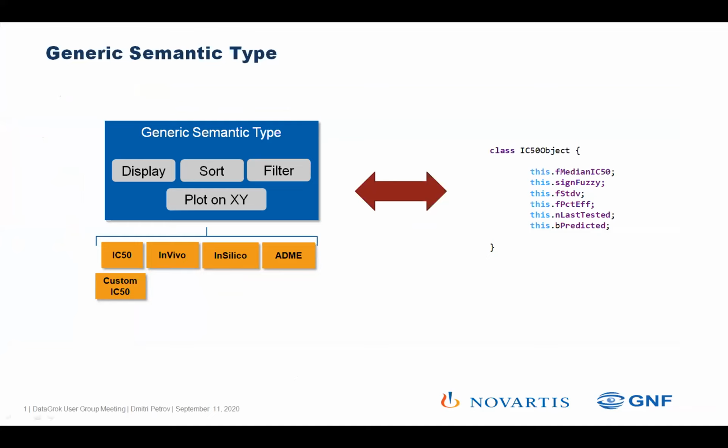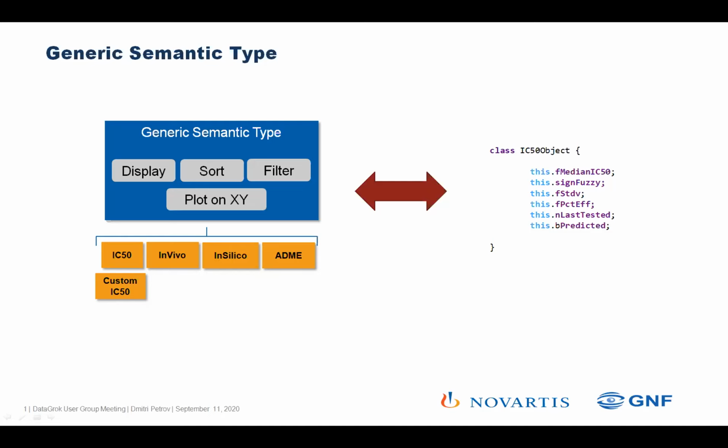So to be able to add new column types, we introduced the notion of this generic semantic type class that teaches Datagrok visualization to understand any custom data objects like this IC50 object shown on the right. And it provides services to display an object in a grid cell or on a scatter plot.